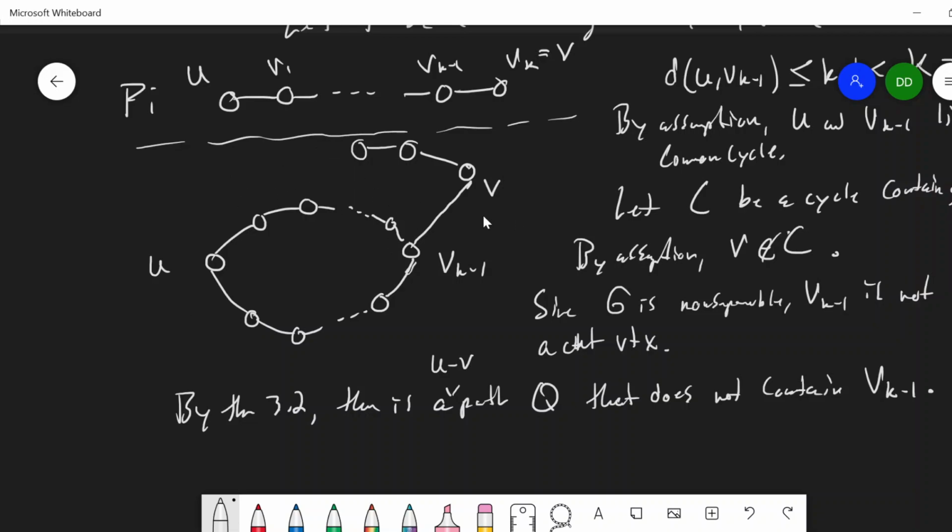So, I'd like to make that a little bit more general. Because U is on the cycle, there's some first vertex of Q that encounters the cycle.